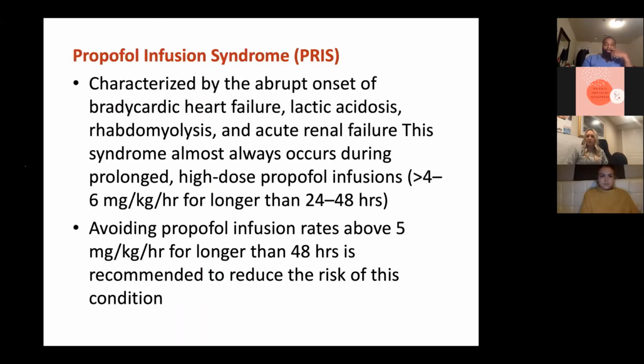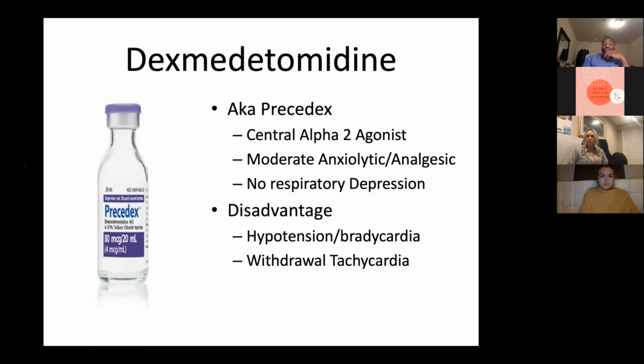It's an abrupt onset of bradycardic heart failure, lactic acidosis, rhabdomyolysis, acute renal failure. This syndrome almost always occurs during prolonged high dose propofol infusion rates. So you want to be careful with the rate of infusion, in short.